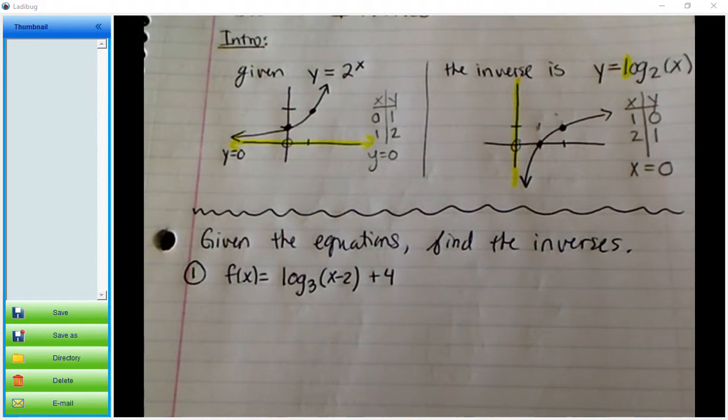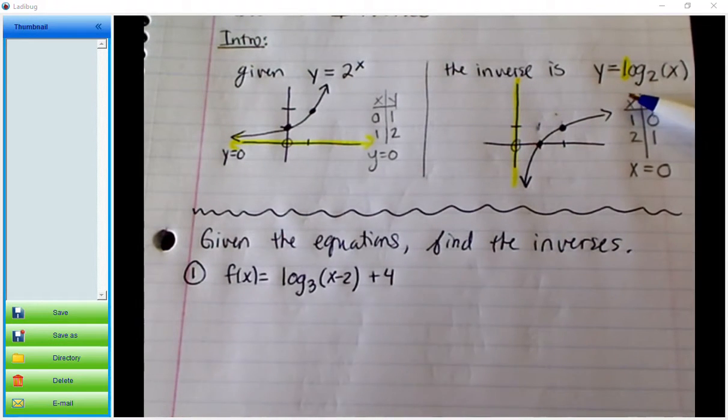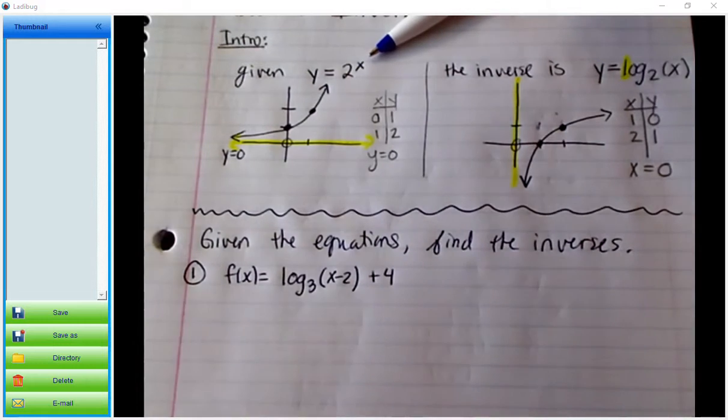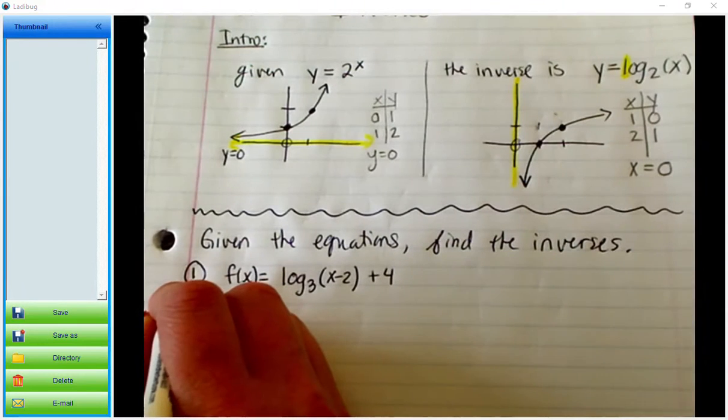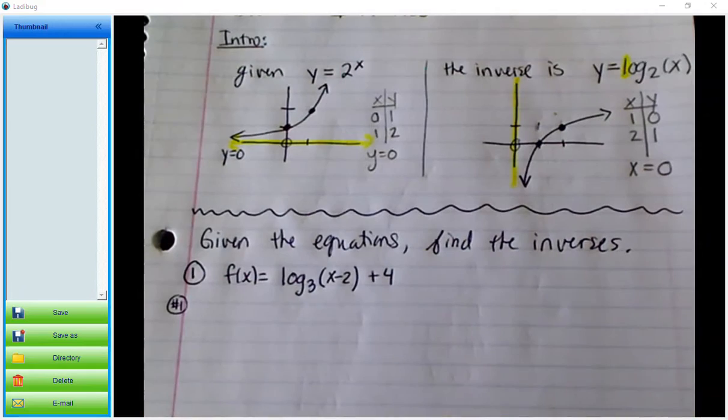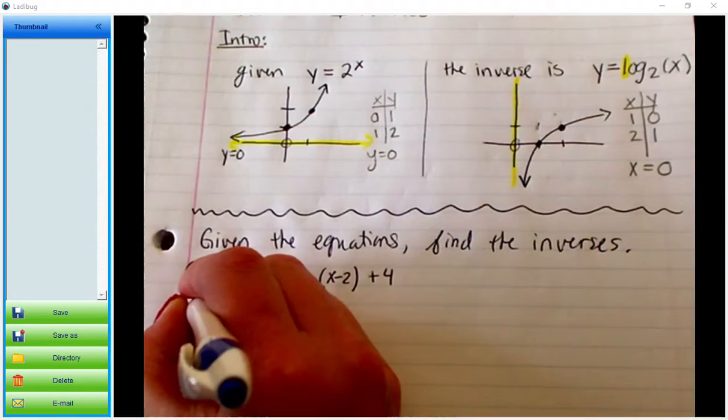If I start with a log, the inverse should be exponential. If we remember, the first thing we do, switch x and y.